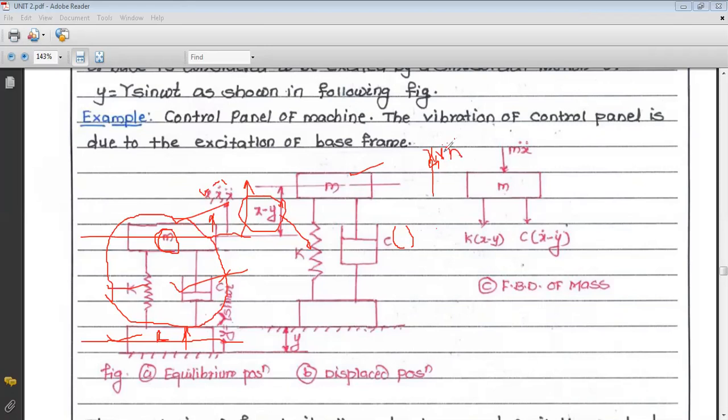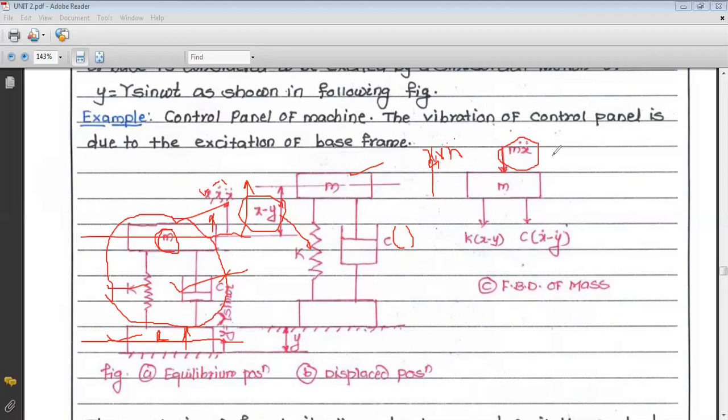So we know that the inertia force magnitude is mass into acceleration, that is m into x double dot, and the direction is opposite to the acceleration. Now acceleration is in upward direction, so inertia force is in downward direction. So this is the direction of inertia force, and the magnitude is m x double dot.